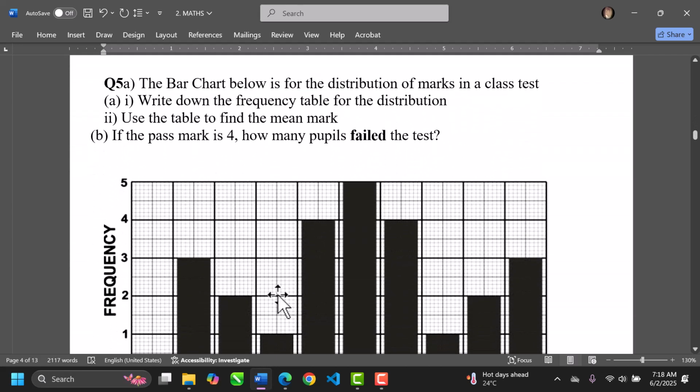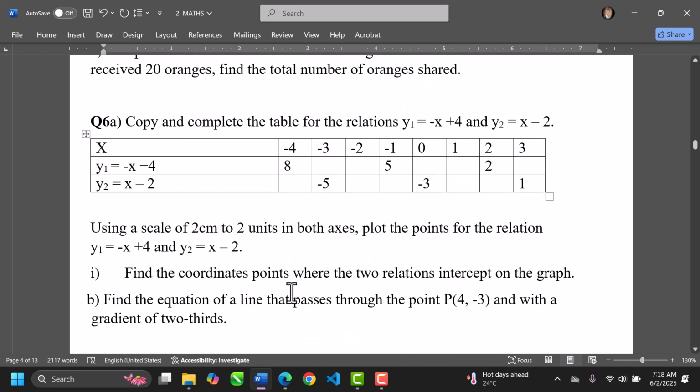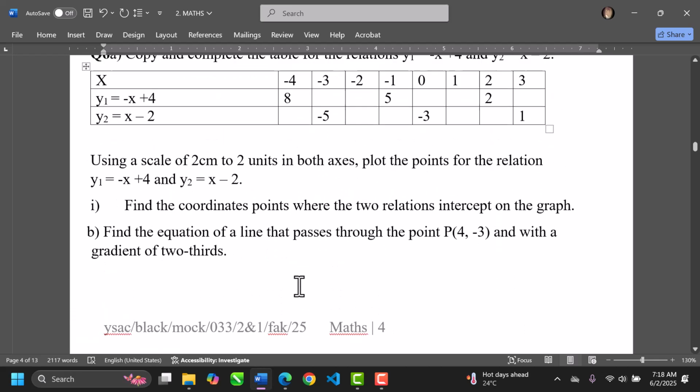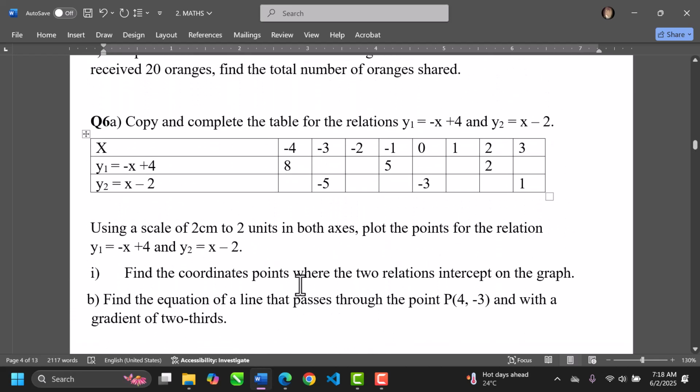Question 5. Question 6. So that is that, and that is what we have for black mock mathematics.